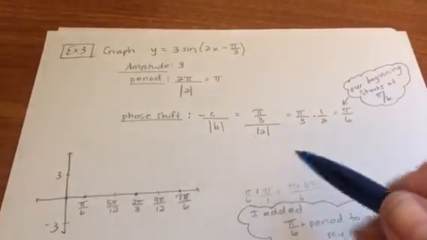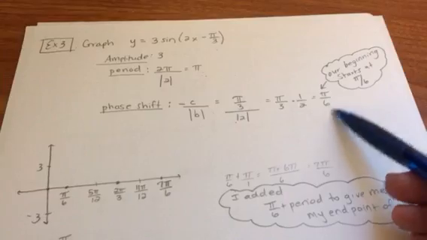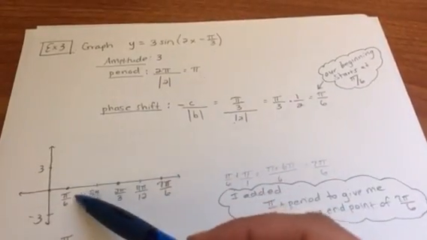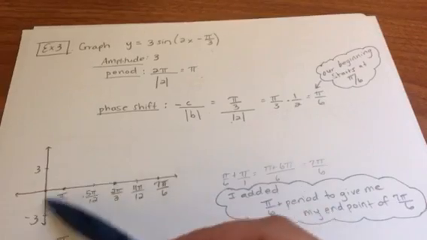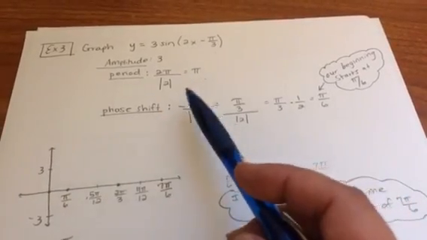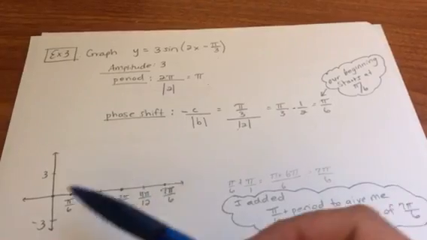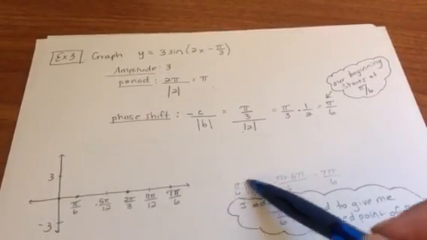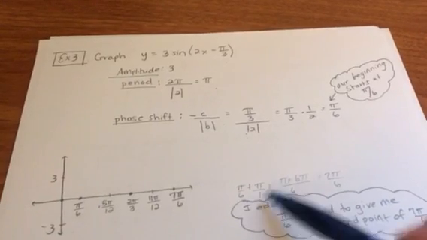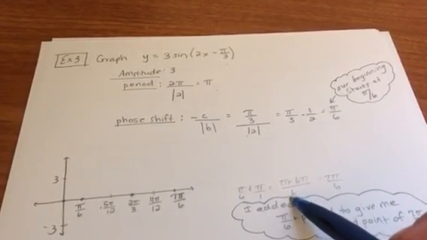How do we figure out where it starts? Well, this is what gives us where we start. So we already have this point, so we can go ahead and write this point down, pi over 6. Okay, we know the period is pi. So we know between pi over 6 and our endpoint, it has to be pi apart. And so if I take pi over 6 and I add the period, which is pi, notice I can write this as the LCD, the least common denominator, is 6.